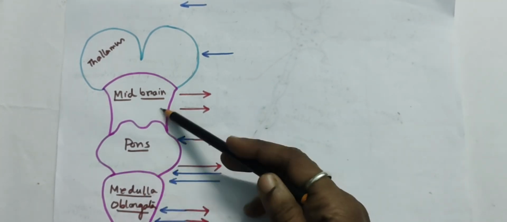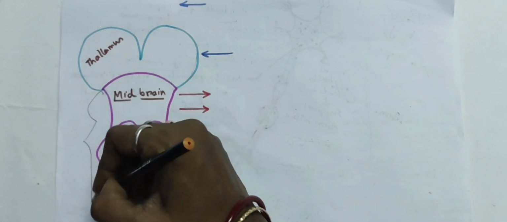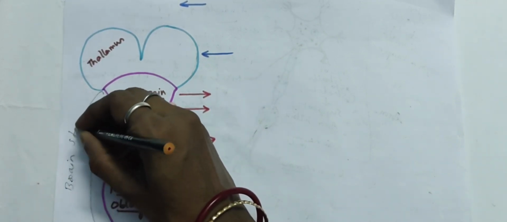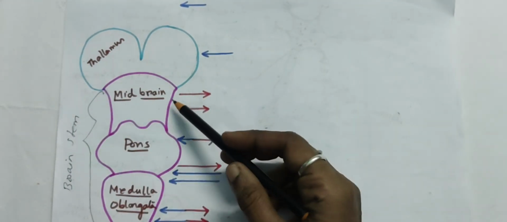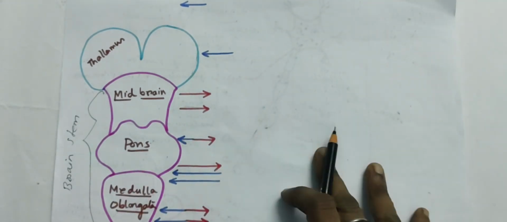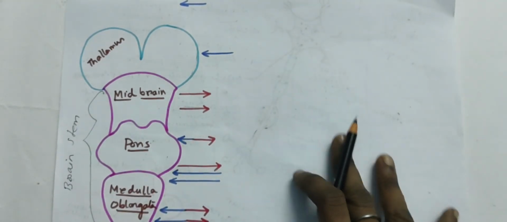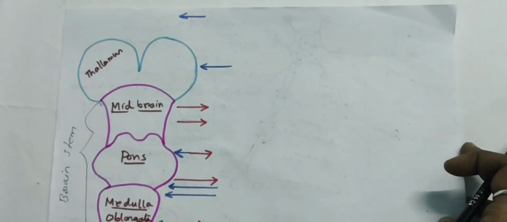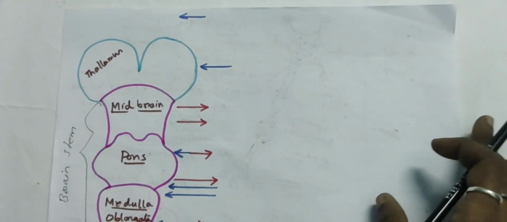These three parts constitute the brain stem. So most of the cranial nerves are associated with the brain stem. There are 12 pairs of cranial nerves.